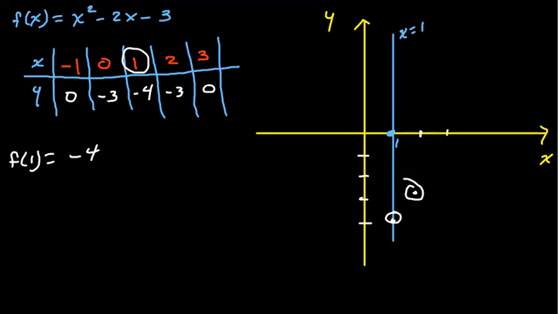What about at 3? At 3, I get 0. It's right here. This point is 3, 0. Okay. What about 0? When x is 0, y is -3, which is right here, which makes sense because it's on par with this one. And so when x is -1, y is 0.